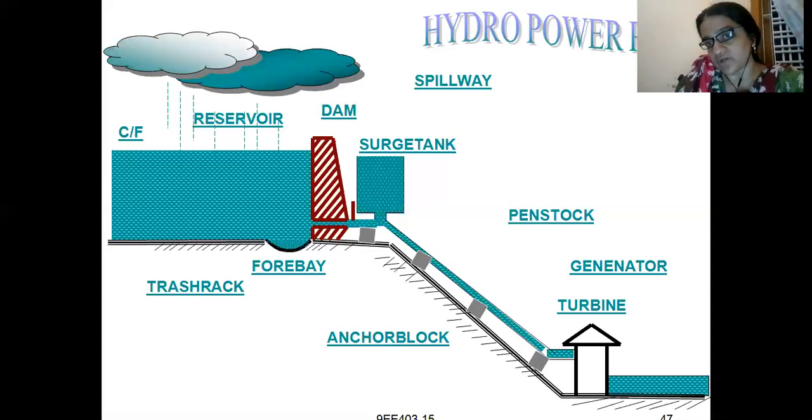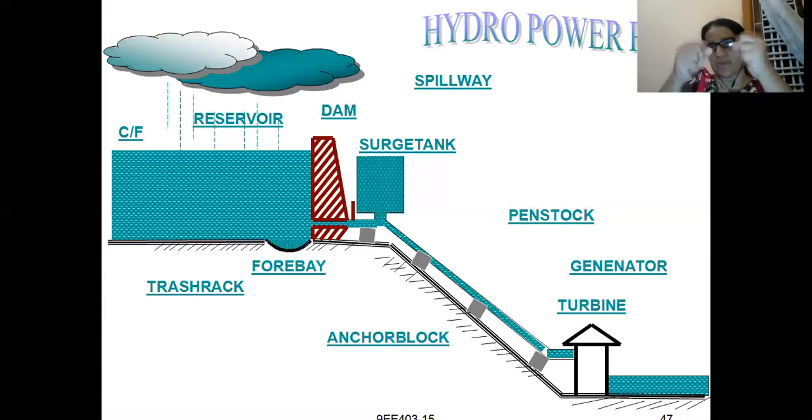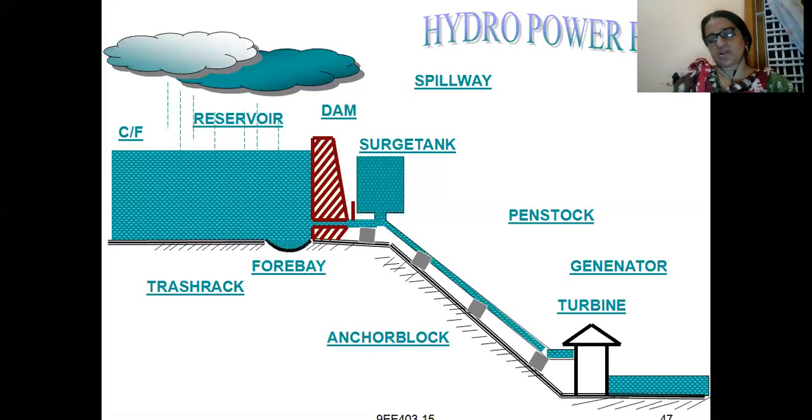If the pressure of the water is very high and the pipe's pressure capacity is less, then the penstock will break, like how we break a scale or stick. Your penstock also breaks if the pressure of the water is higher than the penstock's pressure bearing capacity.